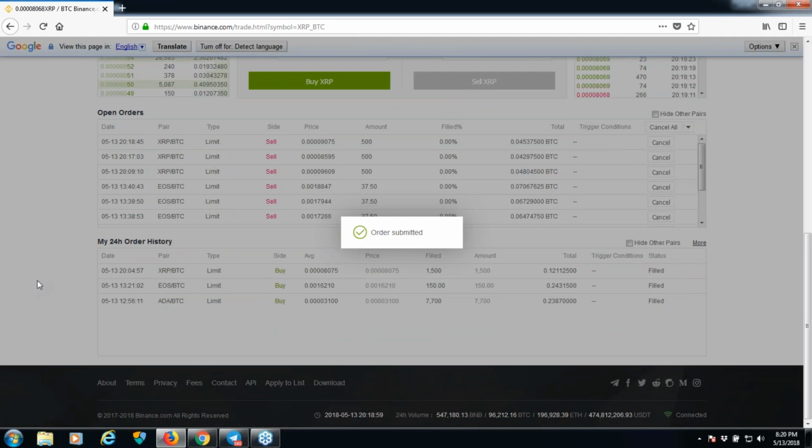Let's do a little math on that. What did we spend? 1,500 times 69 cents. We spent $1,000, so $1,000 times 6%. We made 60 on the first sell, 120, 180.